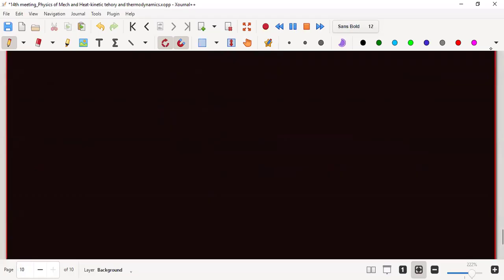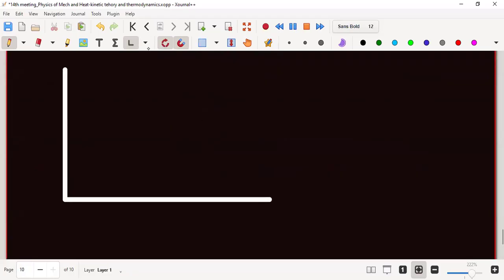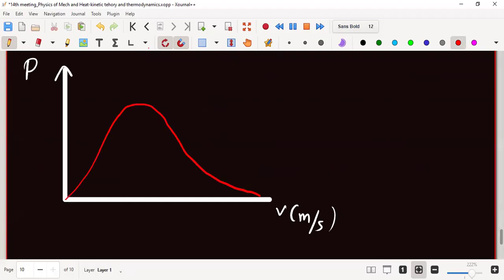So we'll get a curve. This one is the P, and this one is speed in meter per second. So we can get that the speed distribution is like this.